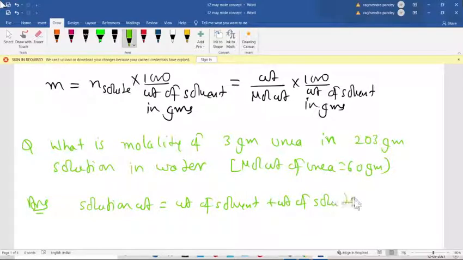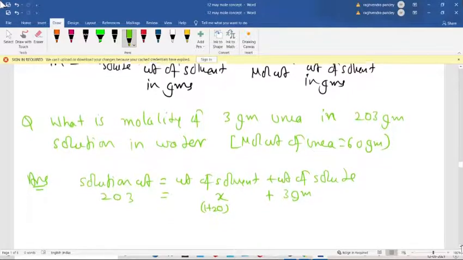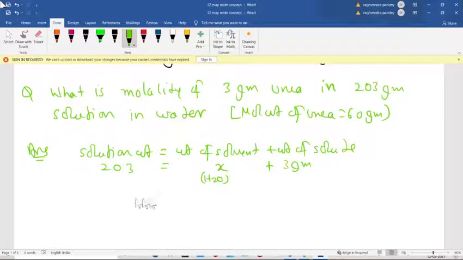That is the general thing. So weight of solution is 203 gram. Weight of solvent is x. Solvent is your water, and weight of solute is 3 gram, that is your urea. So water is your 200 grams.